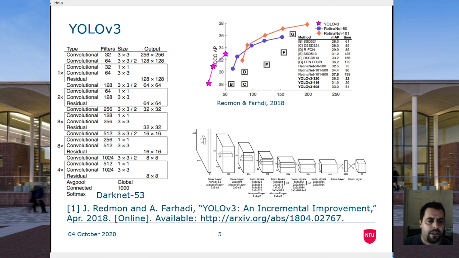This work was presented by Redmon and Farhadi, and I'm leaving here the link for those of you who want to know more about YOLO v3. The reason why we use YOLO v3 is first because it's supported by the Xilinx Vitis AI tools, and second because this is a very efficient algorithm, as you can see in the work presented by Redmon and Farhadi.